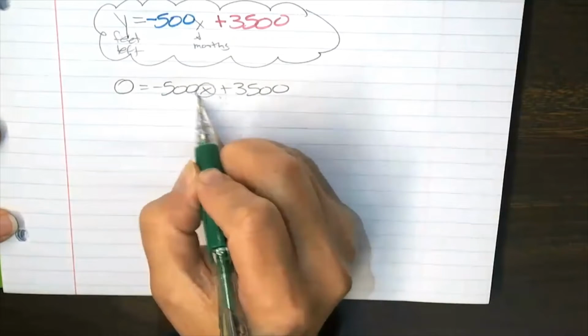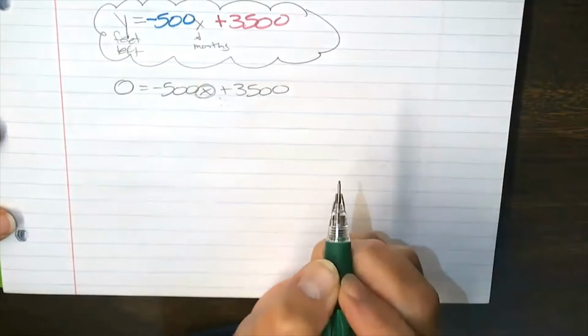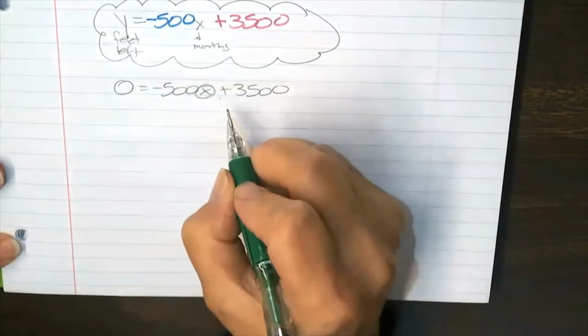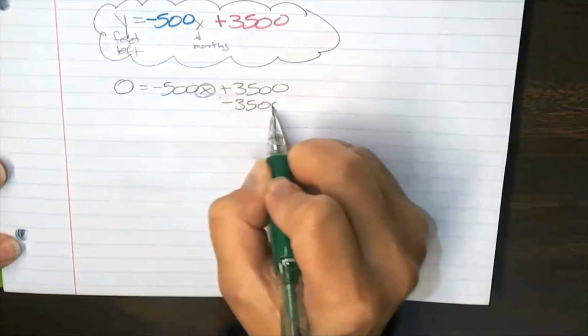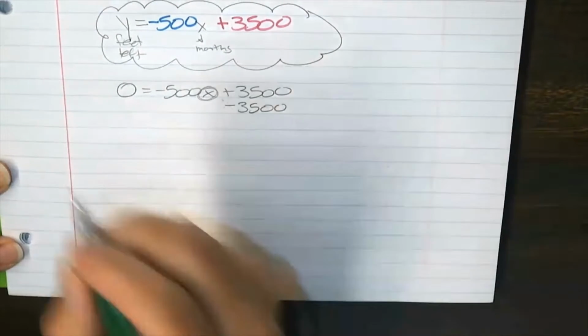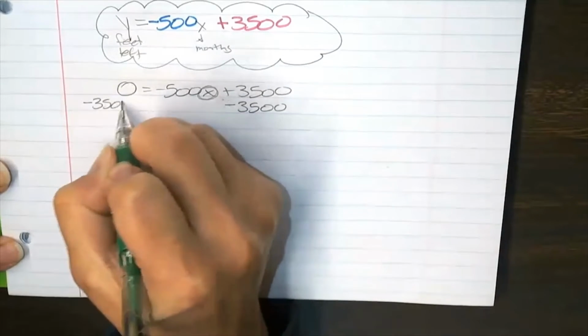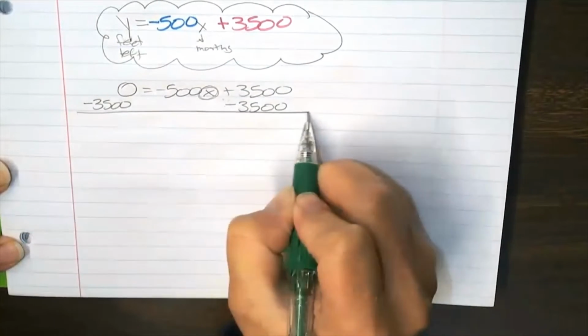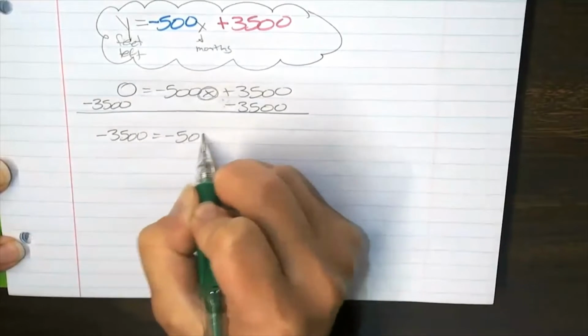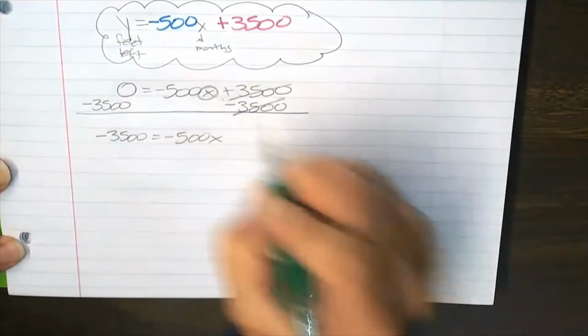So I want to know how many months. I need to isolate X. I need to get rid of positive 3,500, so I'm going to subtract 3,500. What I do on one side, I must do on the other. So negative 3,500 equals negative 500x. Those guys cancel.